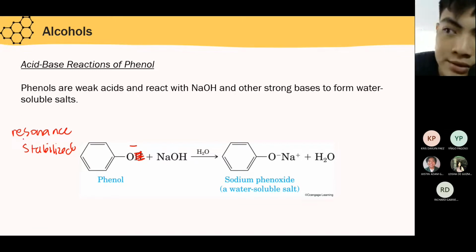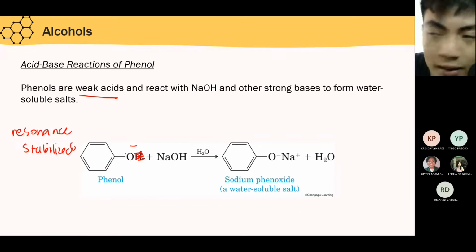Okay? So, yan yung dahilan. Bakit siya acidic? It is the negative charge of oxygen when hydrogen leaves is resonance stabilized. Okay? So, itong negative charge sa oxygen, pwede siya paikot-ikutin dito sa molecule. So, yun yung dahilan bakit siya acidic.